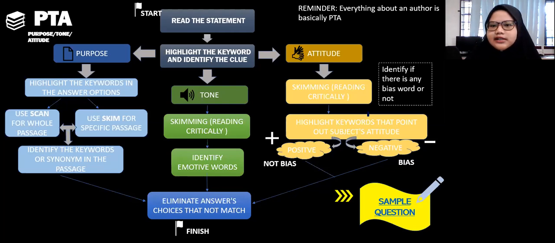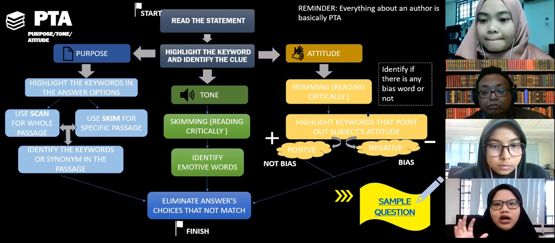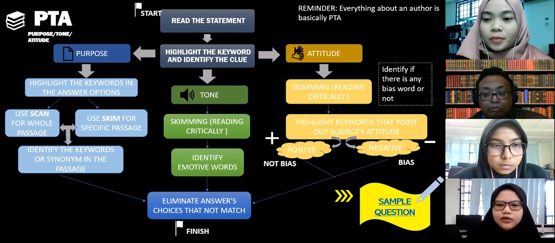You cannot just pick a random passage to know the attitude. So a friendly reminder, everything related to an author, like if it asks you about the author's attitude or author's views, is all PTA questions. So what you really need to do is identify the words or the keywords that lead to attitude.